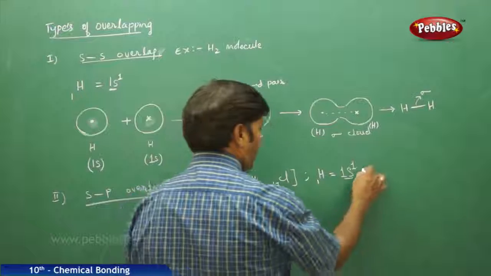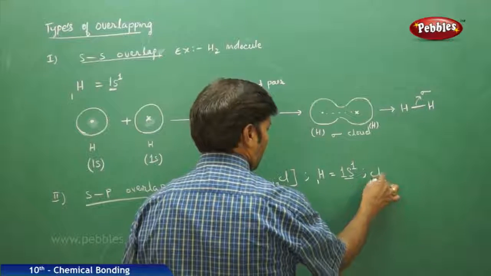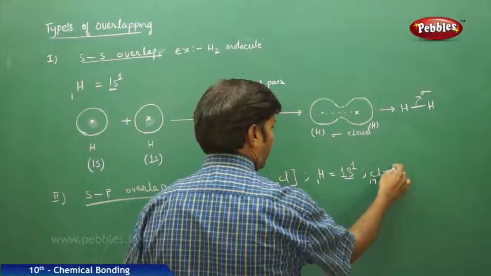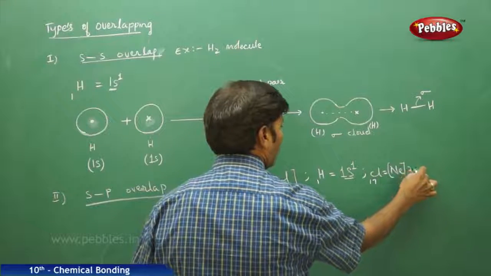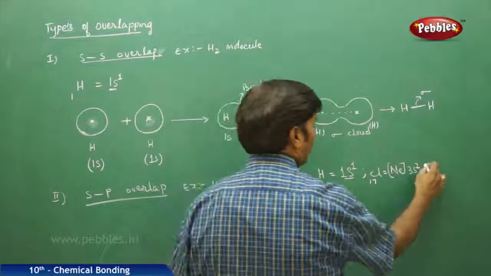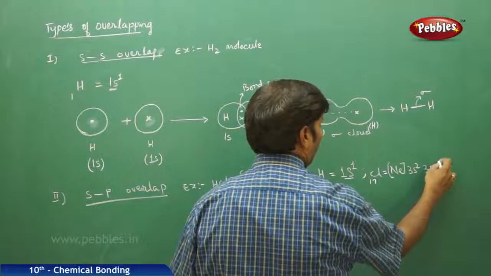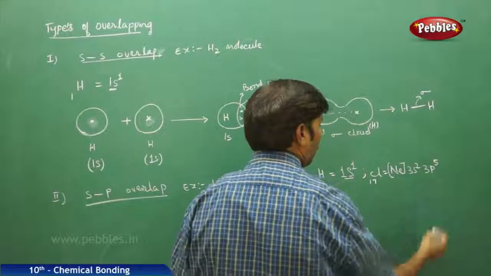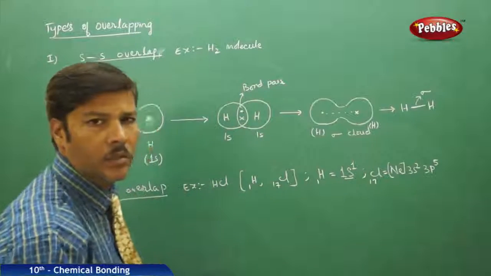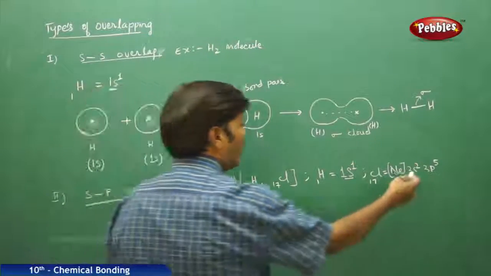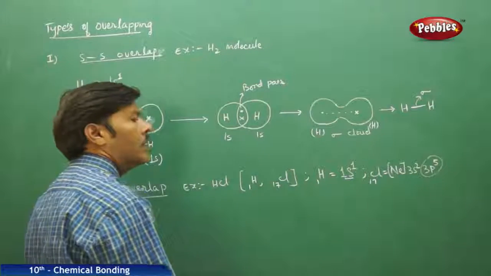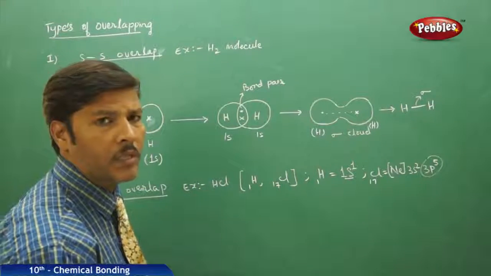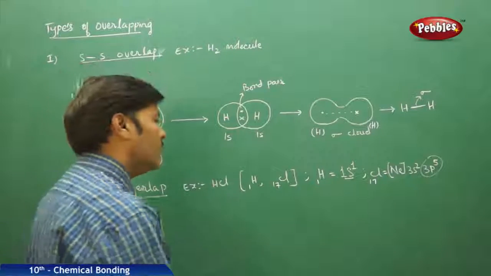And if you go for chlorine, 17, you can write the nearest noble gas configuration, neon 3s2 3p5. But this 3p5 of chlorine can be resolved, because the 3p sublevel is degenerate and has three degenerate orbitals.